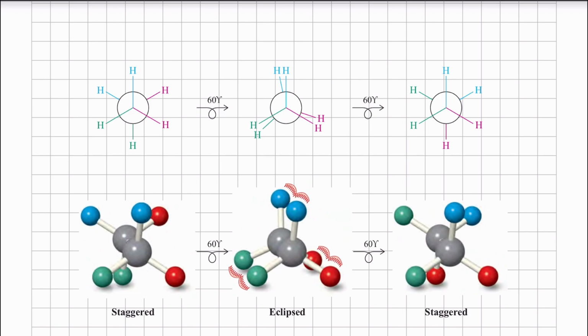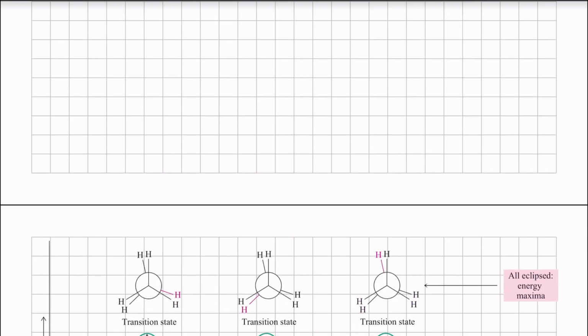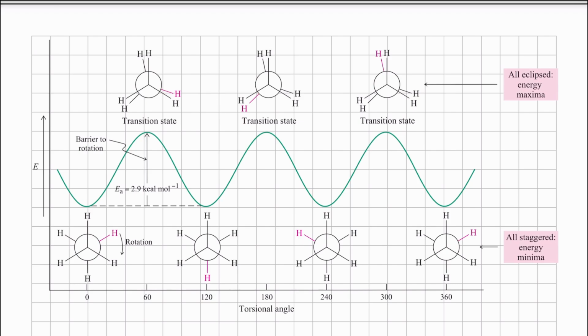To understand this better, we want to draw a diagram showing the energy differences, or better to say, the potential energy differences between the staggered and eclipsed conformations of ethane. Now, let's take a look at the diagram. Okay, so this diagram has two axes.